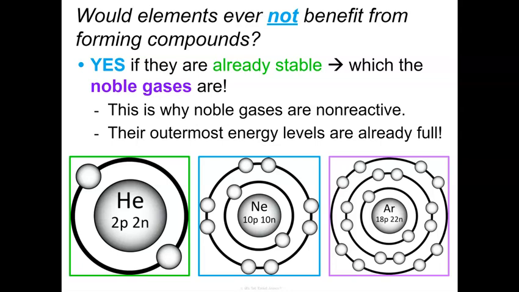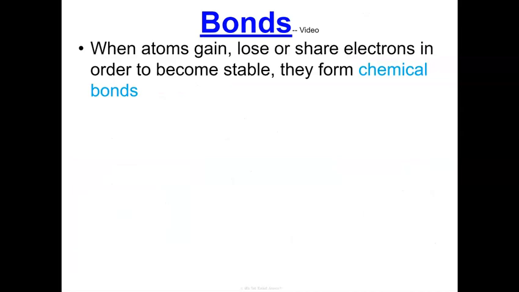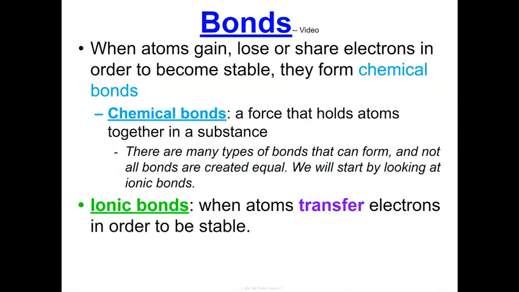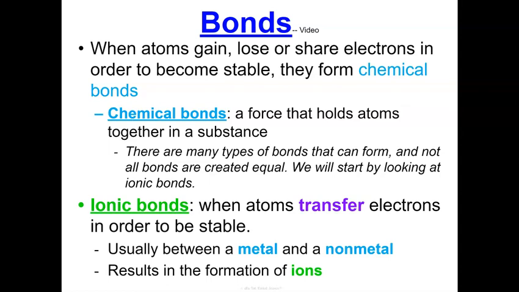And remember, in terms of reactivity on the periodic table, when we look at things being reactive, we look at the bottom and on the left-hand side. So francium is super reactive. Okay.